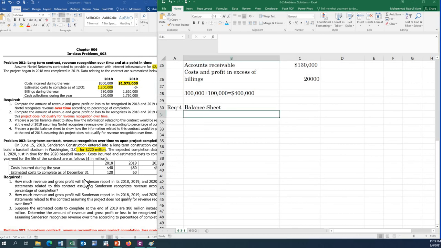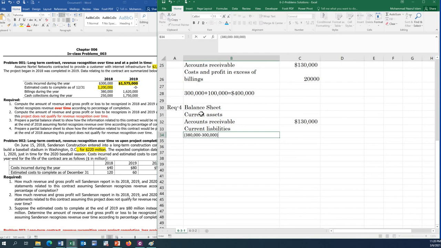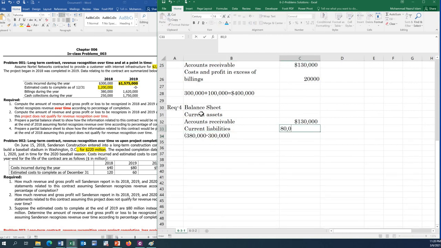If it doesn't qualify for recognition over time, in that case we have current assets, that is accounts receivable, which is going to be 130,000, and current liabilities, which should be 380,000 minus the cost, so it's going to be 80,000.